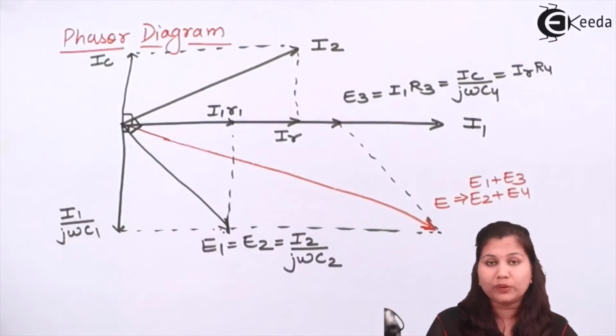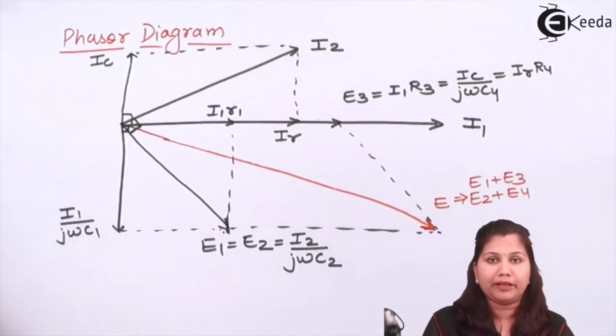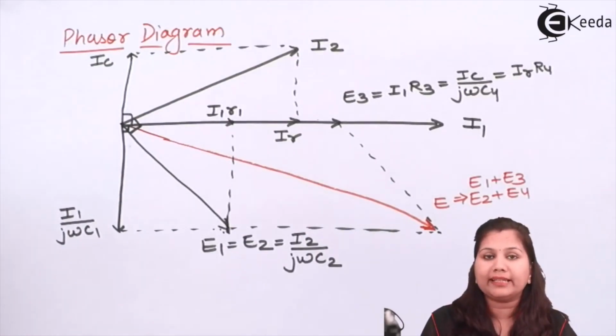So in this video we studied the measurement of capacitance using the Schering bridge. We studied the circuit diagram, the balance equation, how we get the value of the unknown capacitance, and the dissipation factor and how it can be calculated, and in the last we studied the phasor diagram for the Schering bridge.